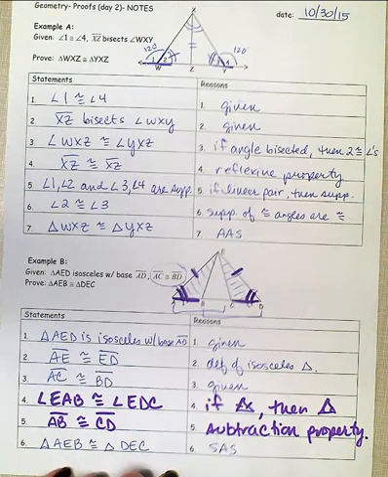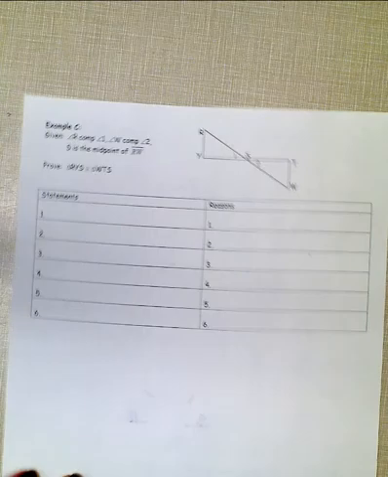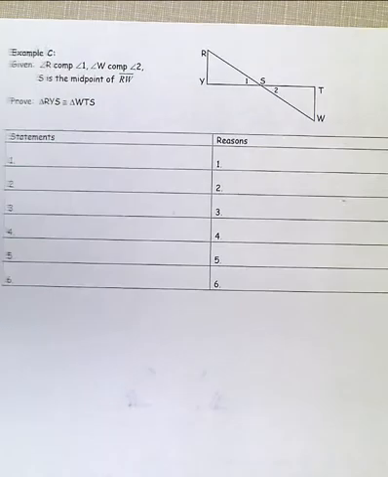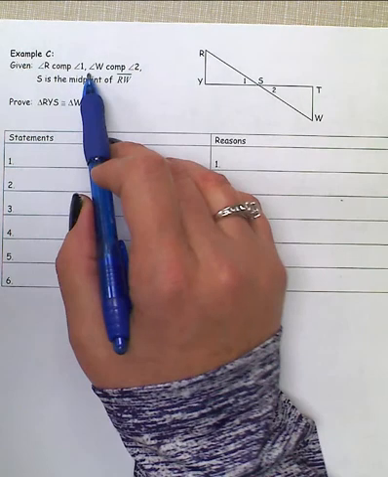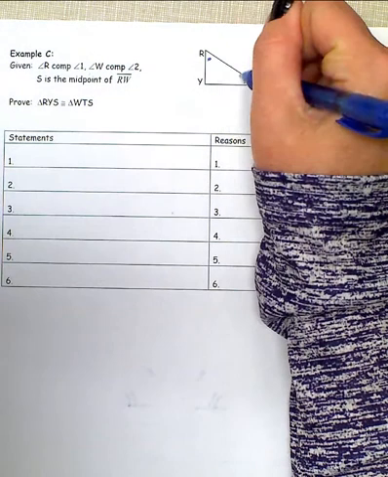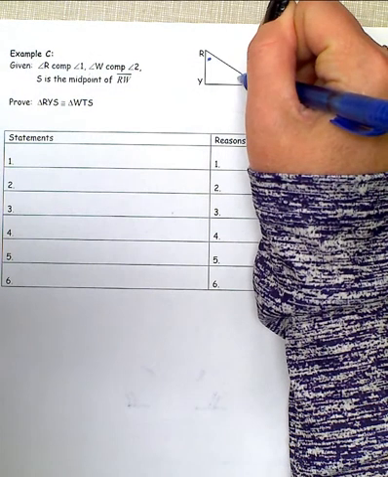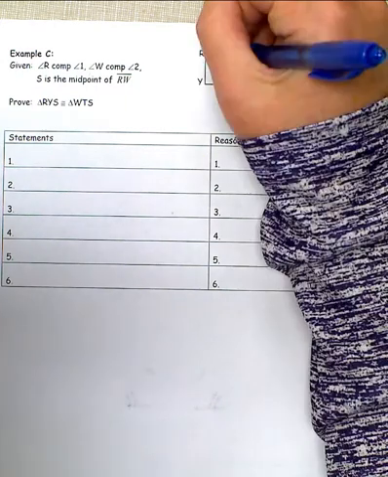Okay. I'm going to turn this over. Do our third example. I can zoom in a little bit. Angle R is complementary to angle 1. There's really no groovy way to show that if they're complementary, so I'm just going to have you write it for now.